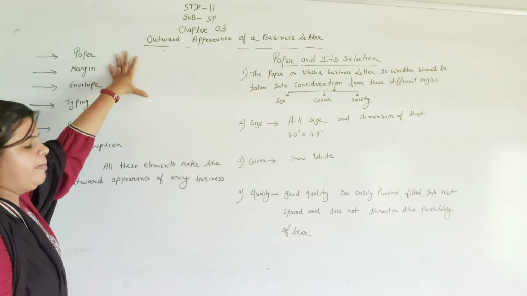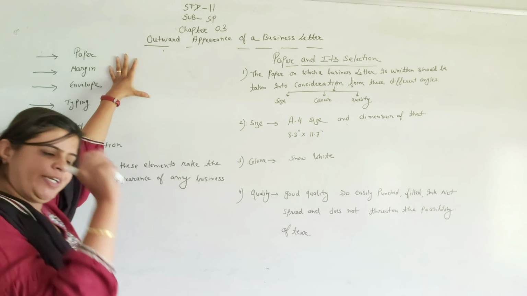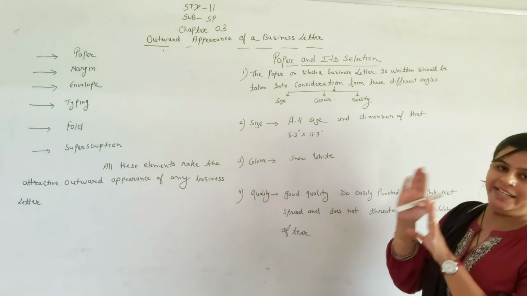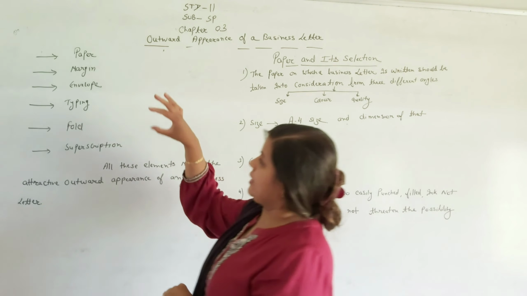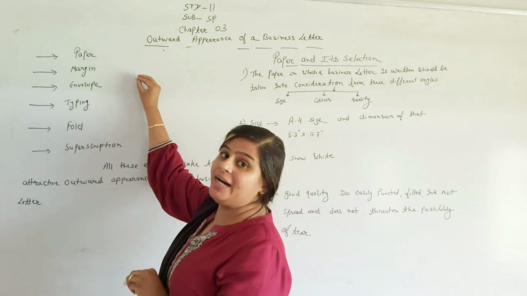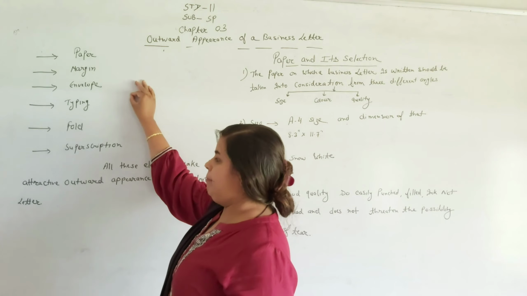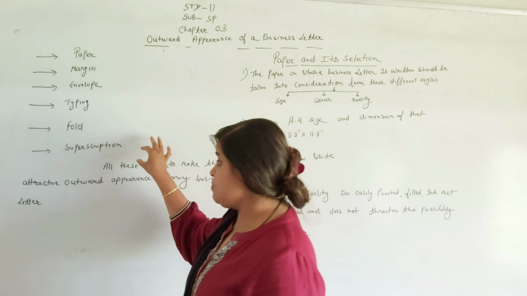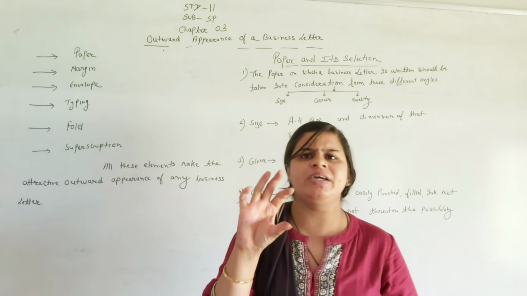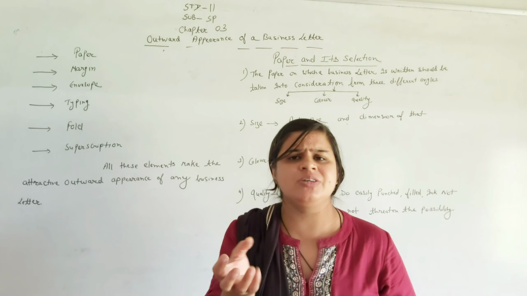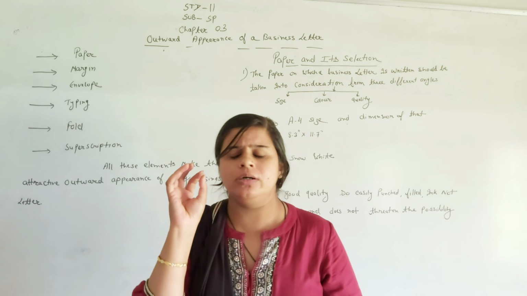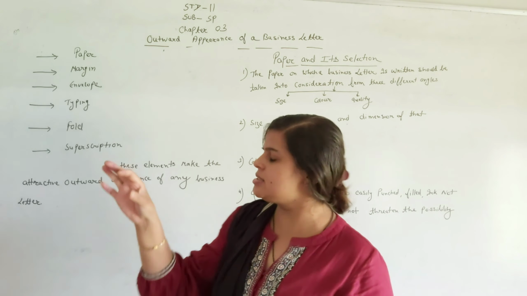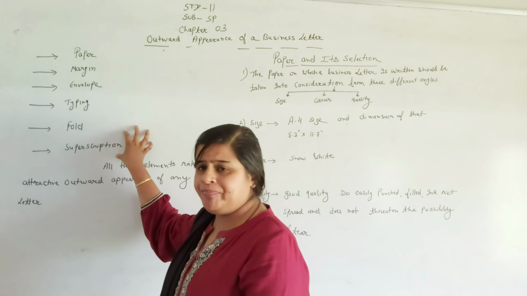There are certain elements on which we discuss in detail and in brief. Not just I am taking only the points right now. That the paper, the margin, the envelope, the typing in the letter, the fold of your letter, the subscription. Subscription means when we type the addresses of receiver, sender, like a pin code, the information, the other necessary informations are attached, that is included into the subscription part.